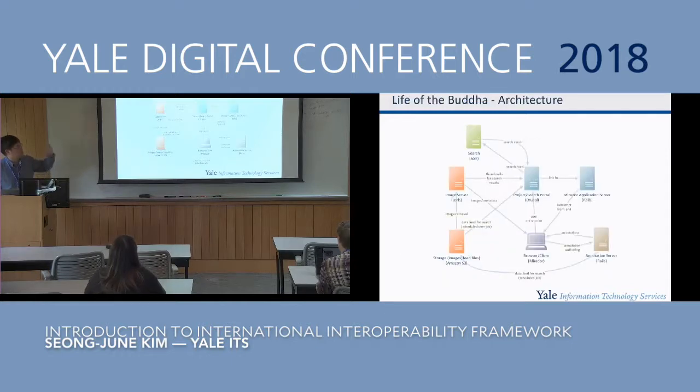So, yeah, we have the architecture. The main thing is the image server and annotation server, conceptually. This is for Life of the Buddha. For many different projects, we have various architectures with various complexity depending on our needs.